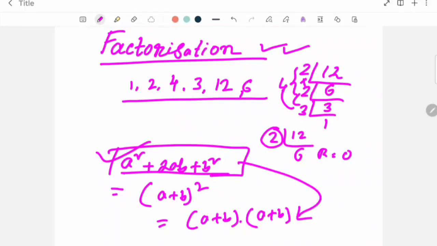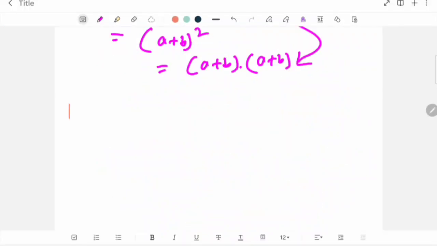Here we will mainly talk about factorization of what? Of algebraic expressions. This factorization of algebraic expressions is of many kinds, or there are many types of expressions which we can factorize.